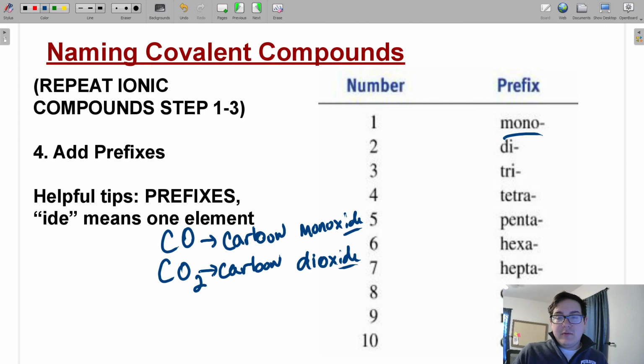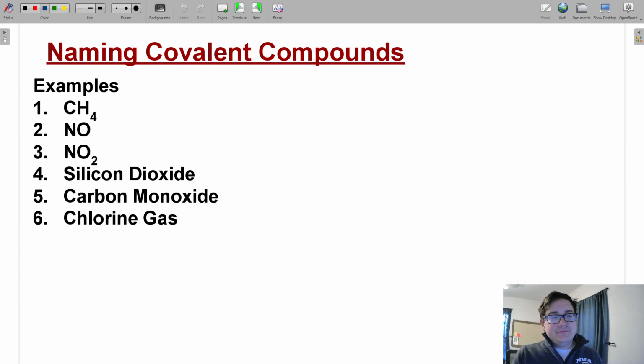So mono being 1, di being 2. What I recommend is that when you write this down, keep it off to the side or close to your periodic table, because these prefixes will help when naming covalent compounds only. Again, that's just a non-metal to a non-metal. So let's look at some of these other examples and what we're going to be able to do with them.